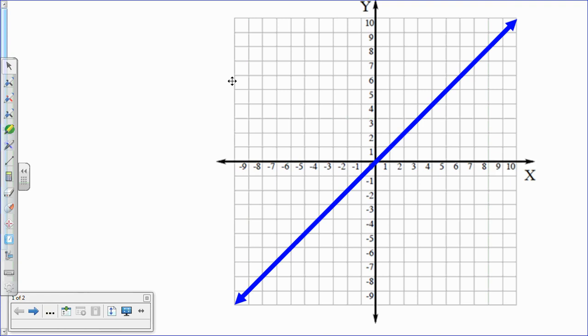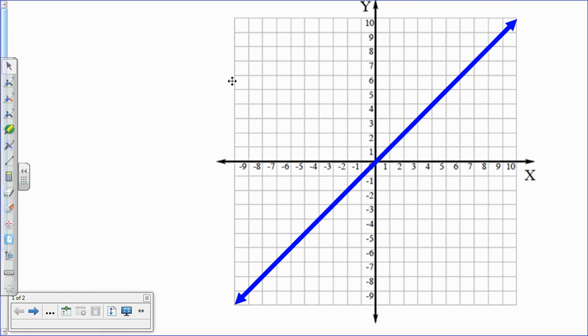Can I graph a line when it's in standard form? No. I have to make this what? Slope intercept form. And I do that by moving the x to the other side and then dividing by whatever b is. You guys writing this down? Okay.